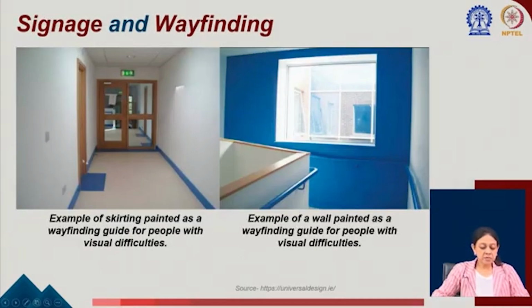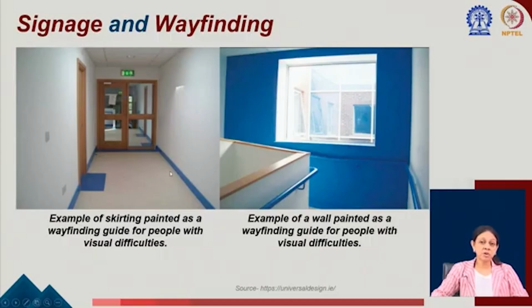Do you see these blue contrast signs? Why are these there? Because people with low vision, not blind, people with low vision can understand where the floor ends and the wall starts.